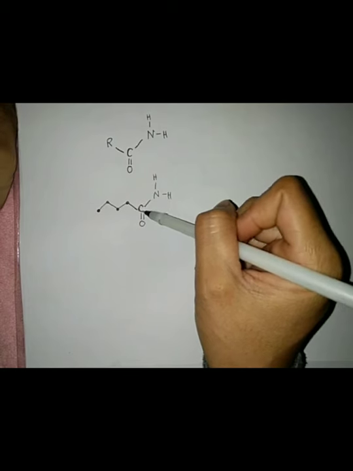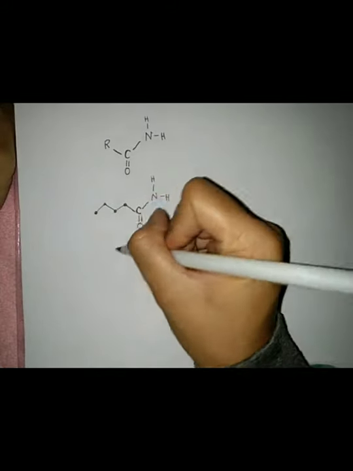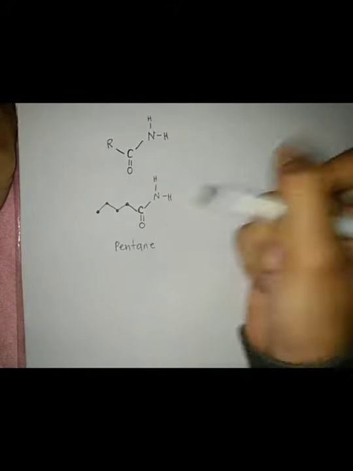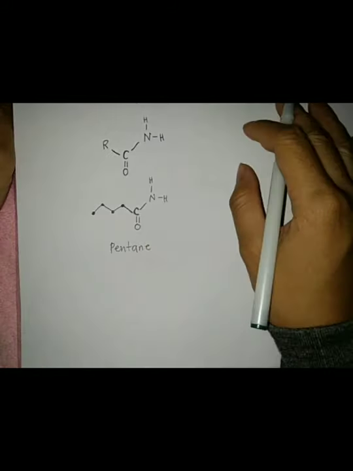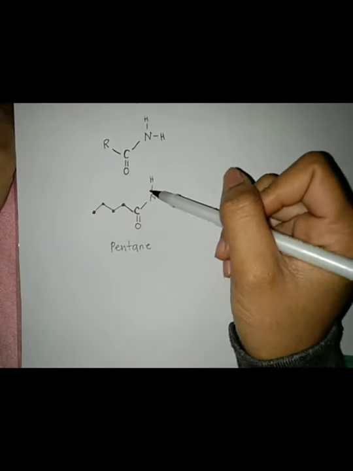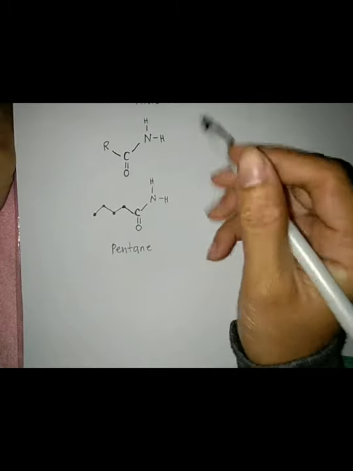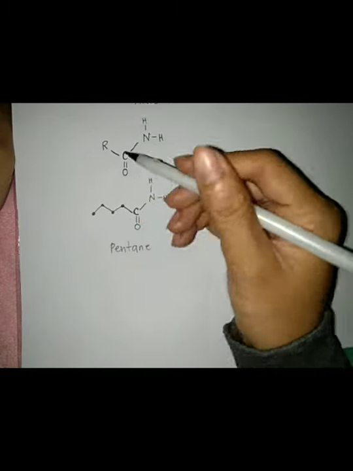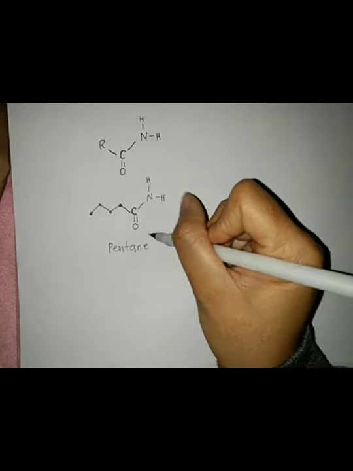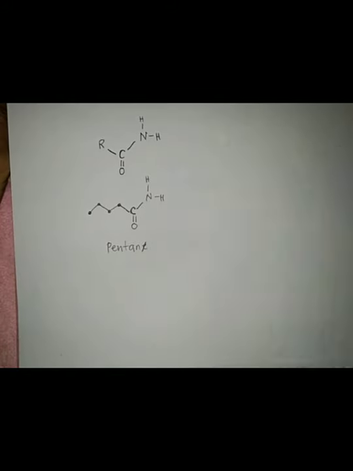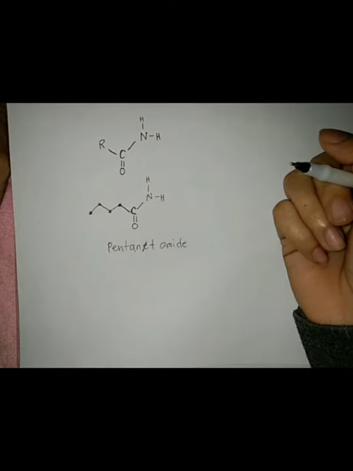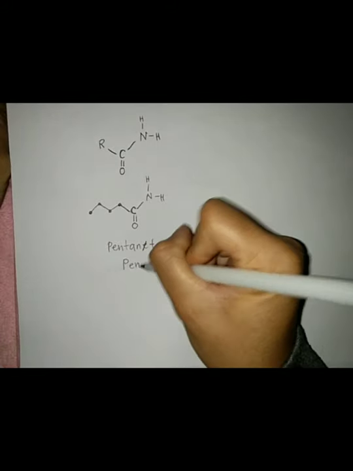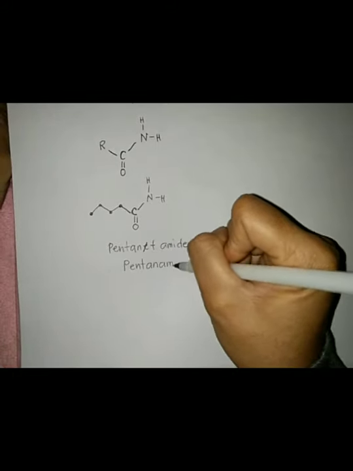Because it has 5 carbon atoms. Ane because it belongs to the alkane group. Since we have here a nitrogen, or an amide, we will cancel this E and add amide. So the name of this structure is pentanamide.